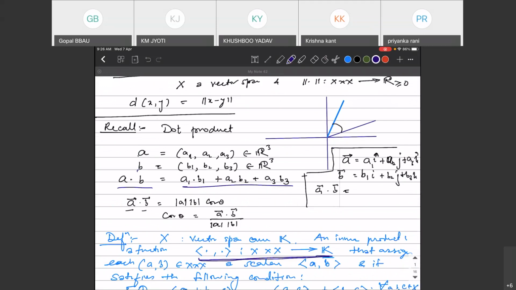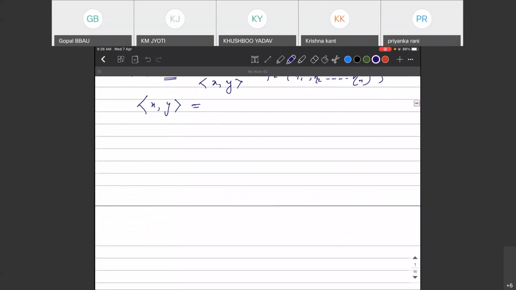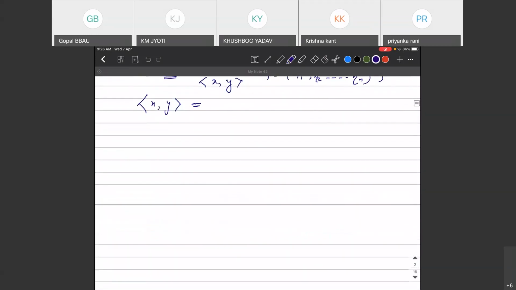How did we define a dot b, which is a1 b1 plus a2 b2 plus a3 b3, and I said that we are generalizing the dot product. So you can guess what the inner product of x and y would be: xi1 eta1 plus xi2 eta2, and so on.